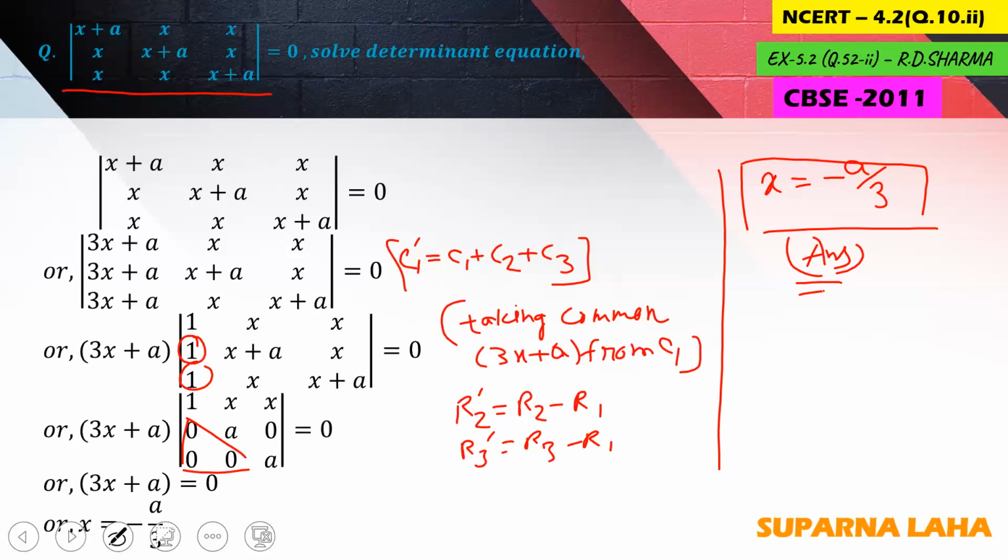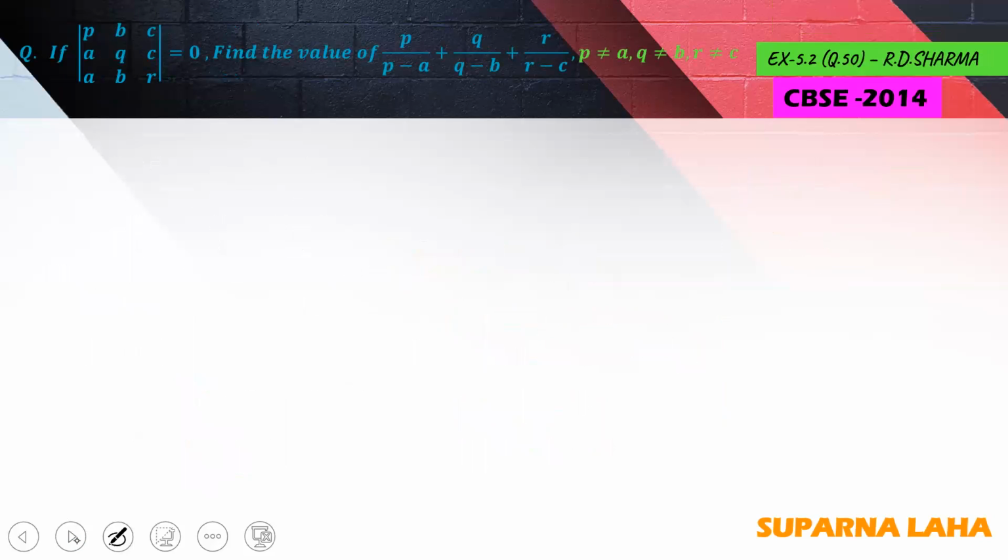Okay, so moving to the next problem. If this is equal to 0, you need to show that p by p minus a plus q by q minus b plus r by r minus c equals something. You need to find the value of this expression where p is not equal to a, that is, the denominator is non-zero. The meaning of this condition is that the denominator is non-zero.